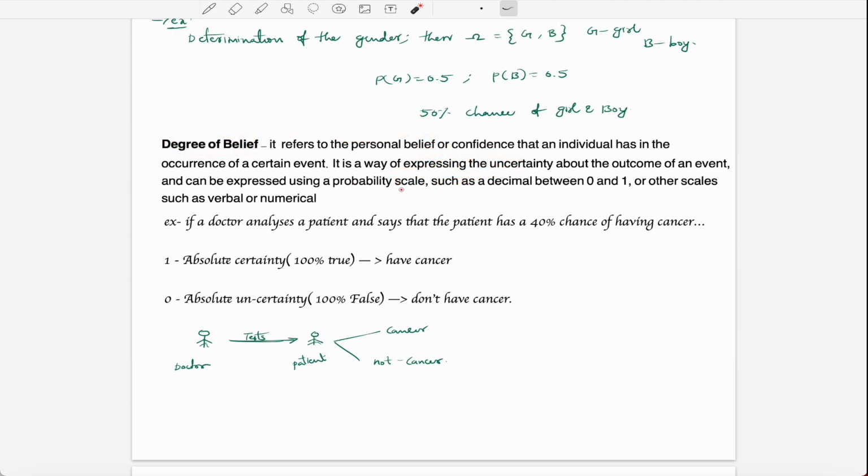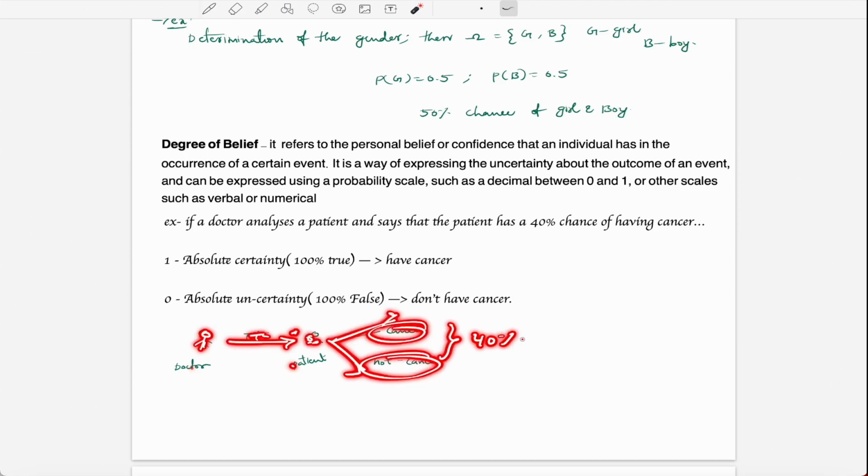So I just want to give an example so that it will be easy for you. If a doctor analyzes a patient and says that the patient has a 40% chance of having cancer, then 1 means absolute certainty, which is 100% sure that the person has cancer, and 0 means absolute certainty that the person doesn't have cancer. There are 2 events, it may be cancer, it may be non-cancer.